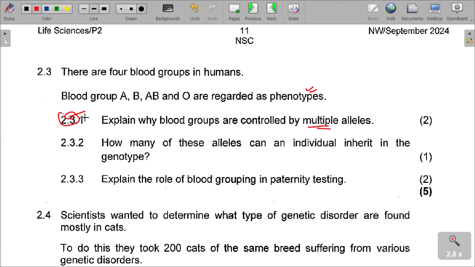There are 3 different alleles that control inheritance of blood groups. That is the fact there.